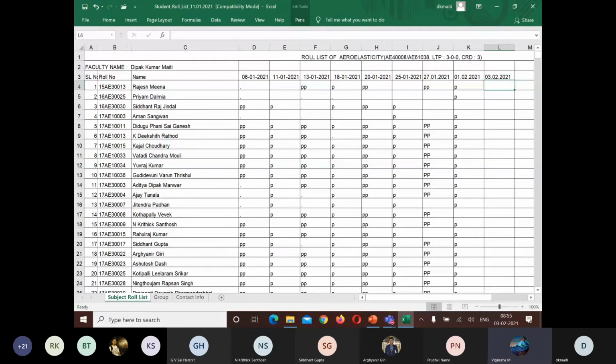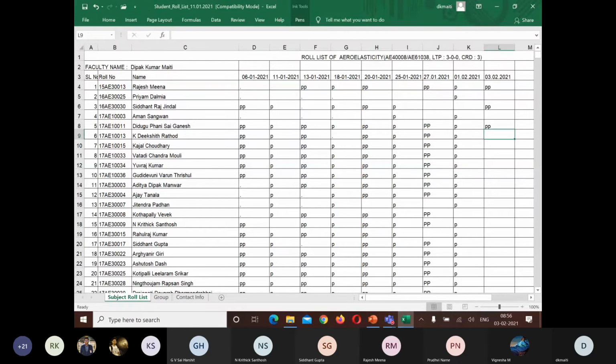Rajesh Meena, present, sir. Priyam Dalmia. Siddhant Raj Jindal, present, sir. Aman Sangwan. Puni Sai Ganesh, present, sir.